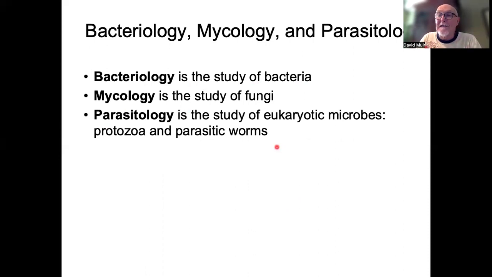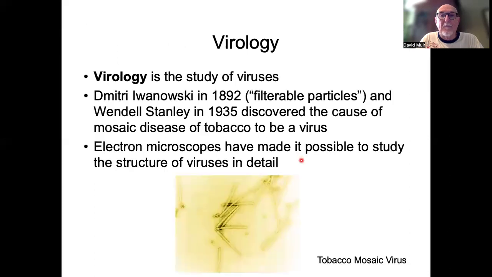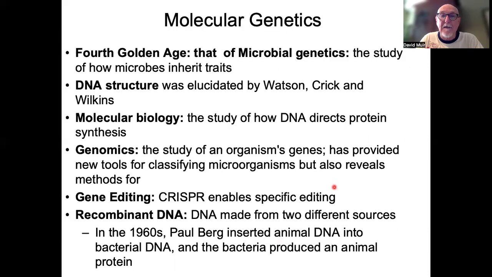We will talk later about what prokaryotic and eukaryotic organisms are, and we will only very briefly, unfortunately, discuss the role of eukaryotic organisms. Virology is the study of viruses. I will discuss later when we talk about viruses how these were originally discovered. They were discovered very late in science.